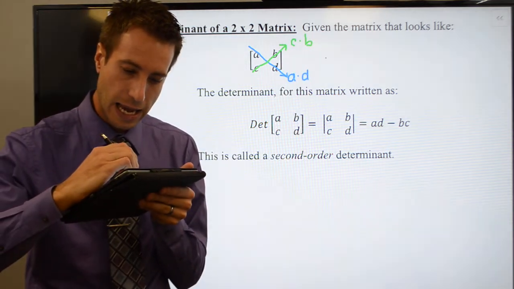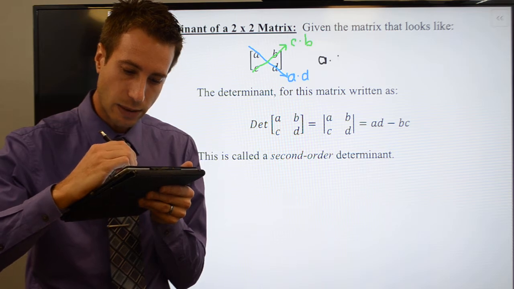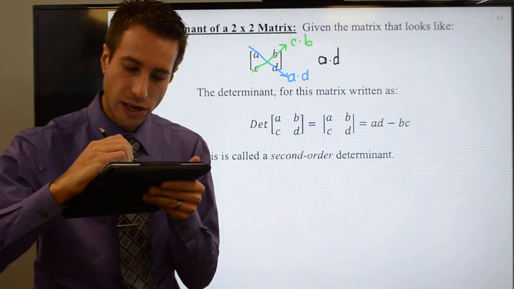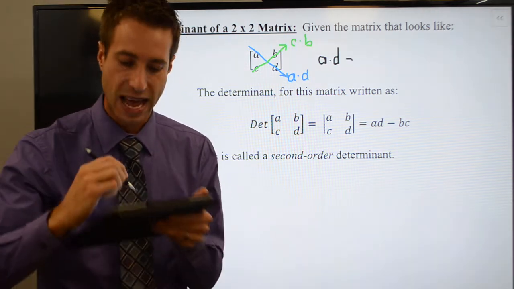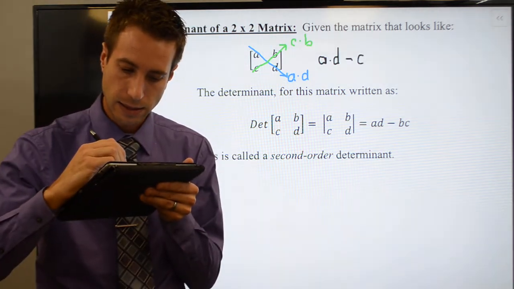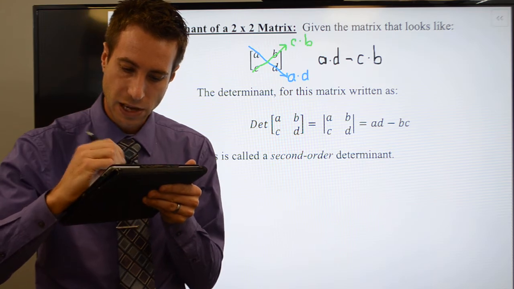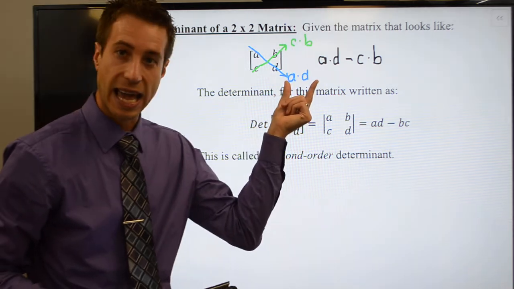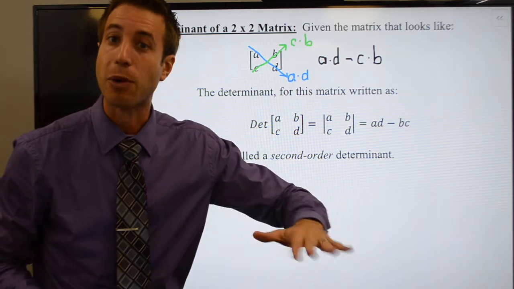You would do A times D, whatever that number comes out to be, and you're going to subtract from that C times B. Now, the way that you could think of this is you take the major diagonal, A times D, call that the bottom number, right?